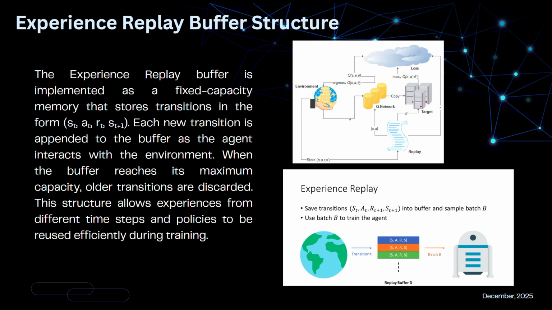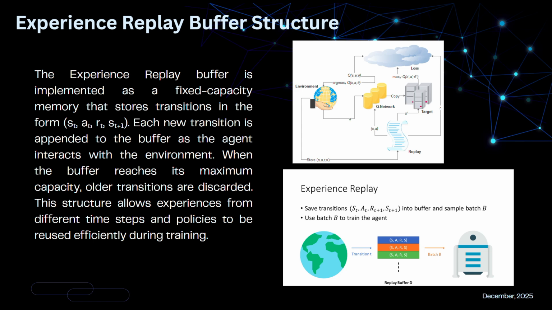The structure of the experience replay buffer is described as follows. The experience replay buffer is implemented as a fixed-capacity memory that stores transitions in the form of s_t, a_t, r_t, and s_{t+1}.